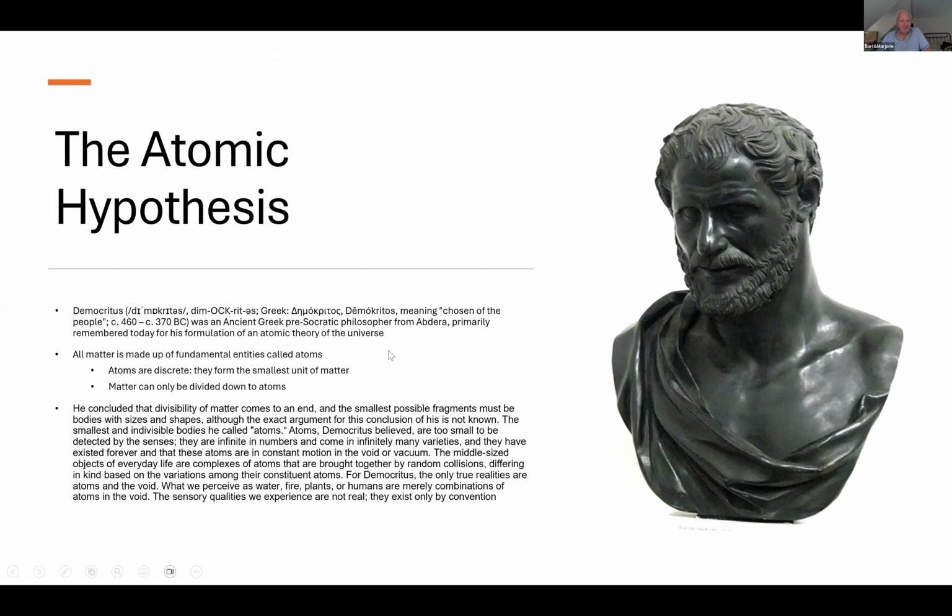Where in the world did this notion of atoms come from? It came from apparently a Greek named Democritus around 400 BC. We have no idea how he came up with this, but he said that all matter is made up of fundamental entities called atoms. Atoms are discrete. They form the smallest unit of matter, and matter can only be divided down to atoms.